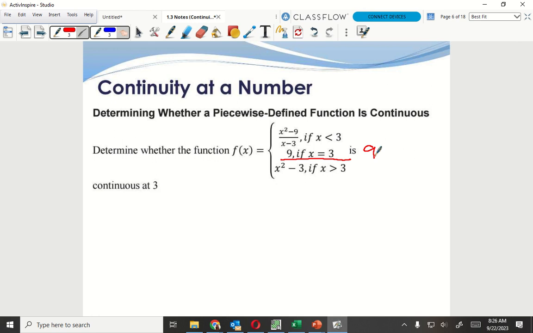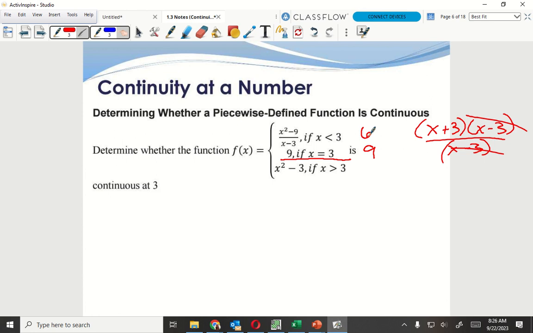I have x squared minus 9, and x squared minus 9 is x plus 3, x minus 3, over x minus 3. I can cancel out my x minus 3's, and I get x plus 3. Now can I plug in 3? Yes. 3 plus 3 is 6. So far I already know it doesn't work.